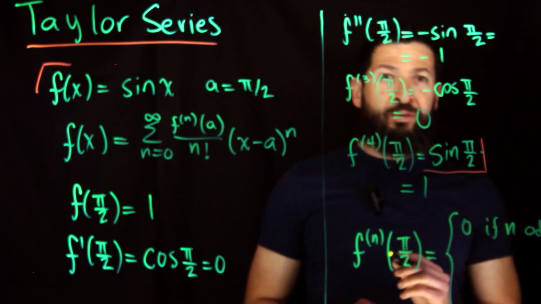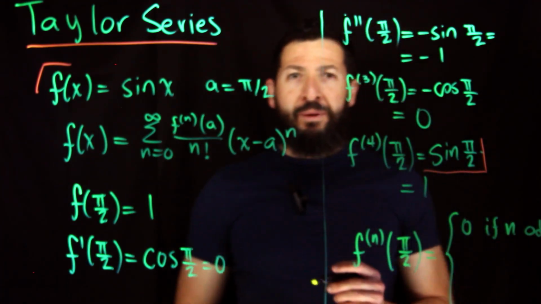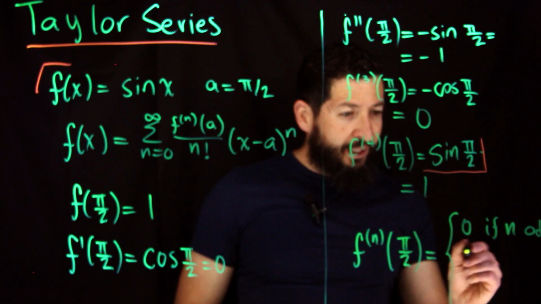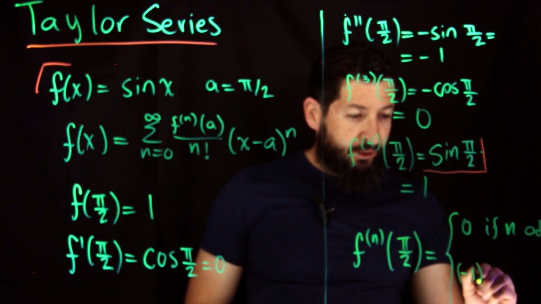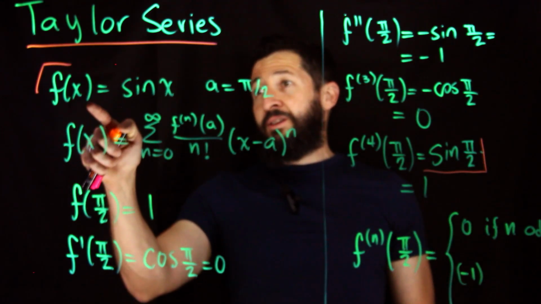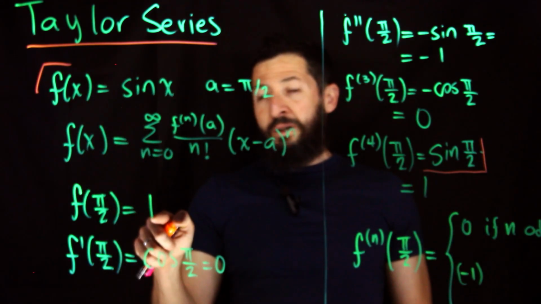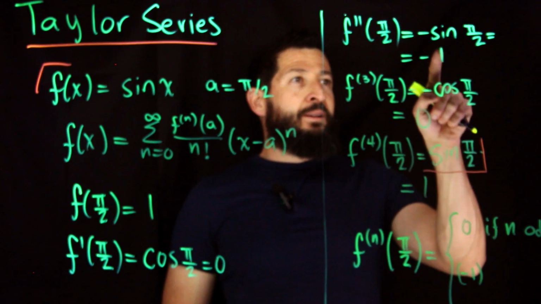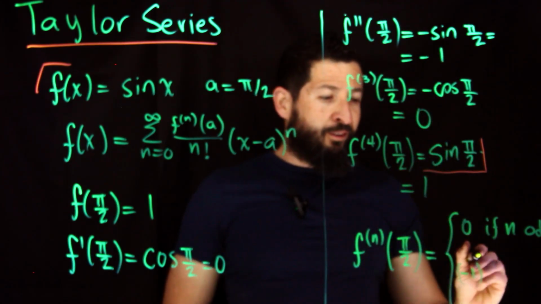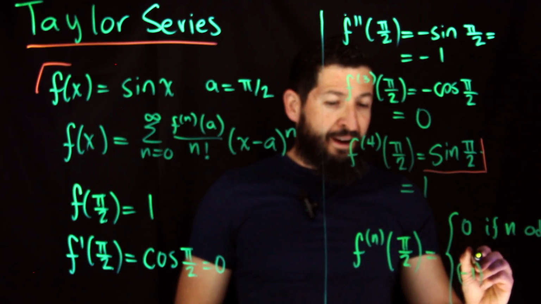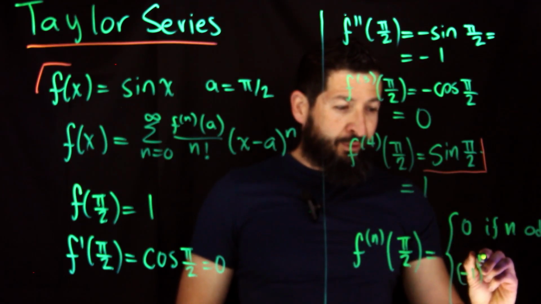And it's going to be negative 1 to the n over 2 if n is even.